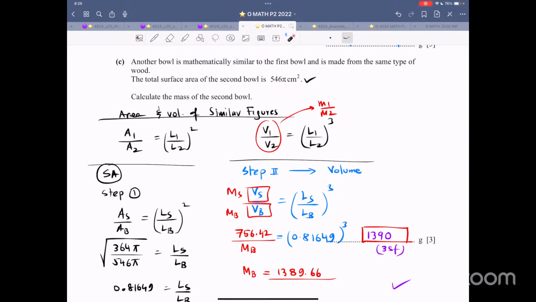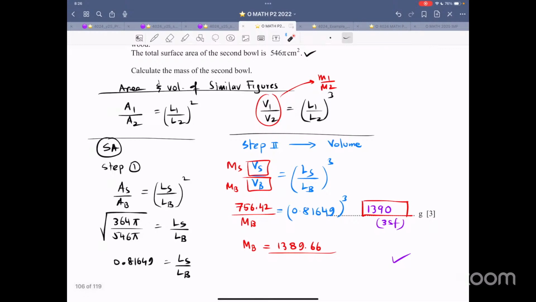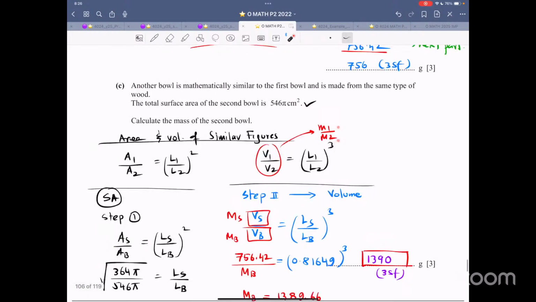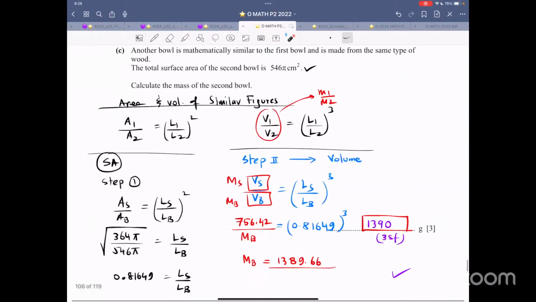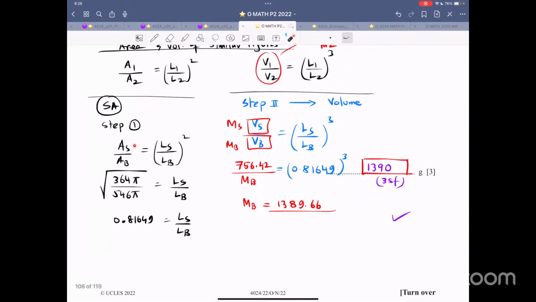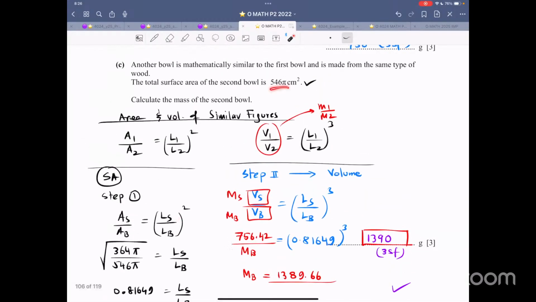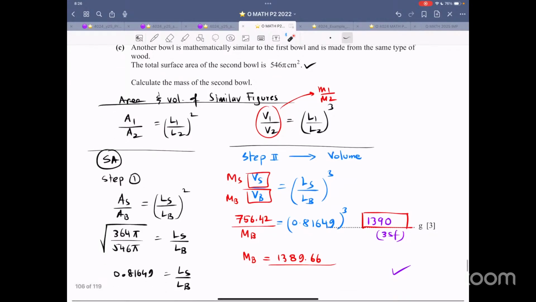Now, these formulas I have written over here. Mass and volume, they are directly proportional, as we have seen. Got the idea? So now, step 1, area of small to area of big is length of small to length of big whole square. But instead of the length, they have given us the area. Total surface area is 546.